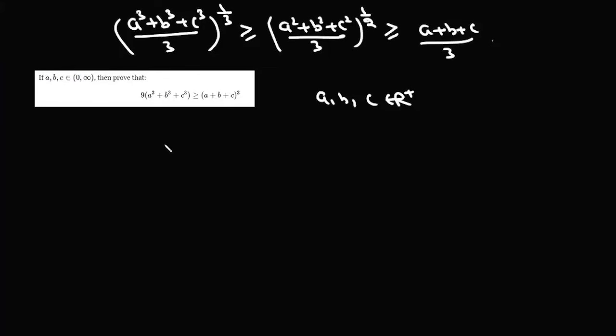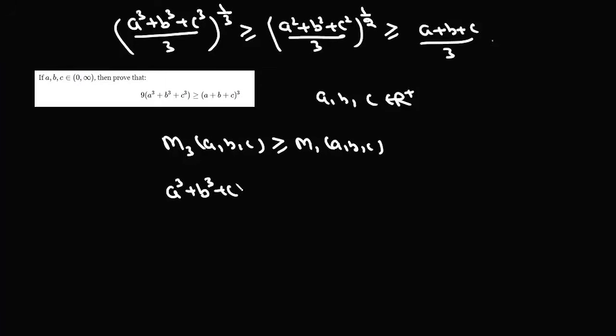Now we know that M3(a, b, c) will be greater than or equal to M1(a, b, c). Now M3(a, b, c) is ((a³ + b³ + c³)/3) to the power 1/3 and will be greater than or equal to (a + b + c)/3.